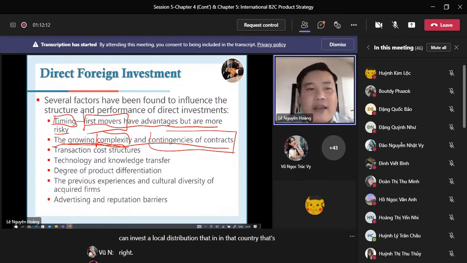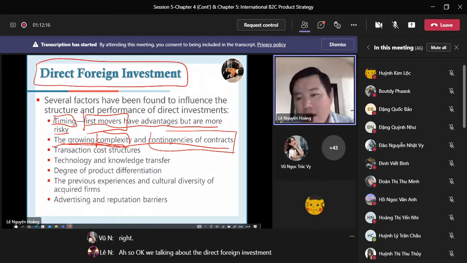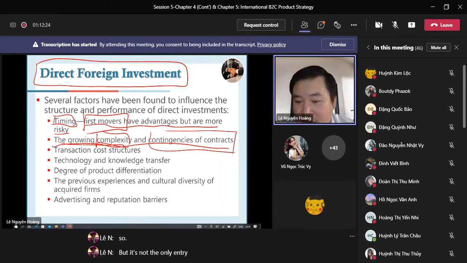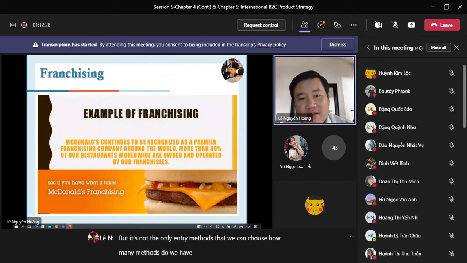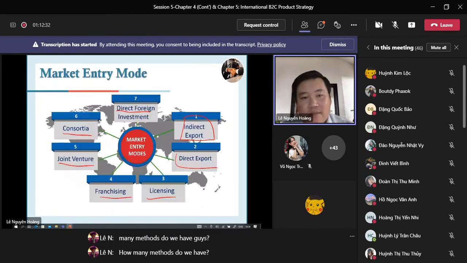So okay, we're talking about the direct foreign investment market entry strategy. But it's not the only entry method that we can choose. How many methods do we have, guys? 7.